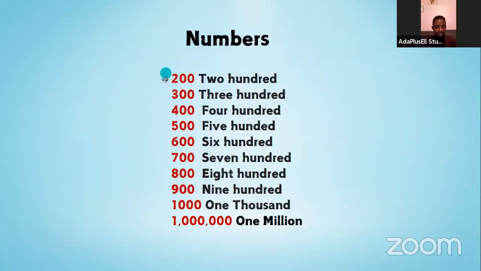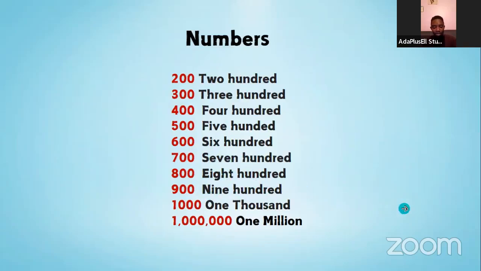You just know that this is 200. Then when you see something like this, you just know this is 300. When you see this, you know this is 400. So it's the 4. Here it's the 4s, and the first part of the figure is the one that is changing. Here it's 500, 600, 700, 800, 900.